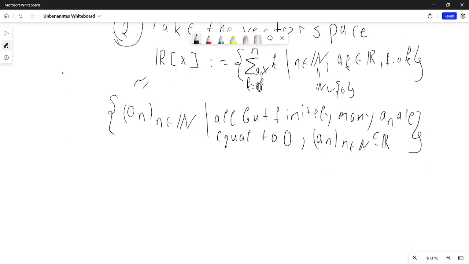So, addition on R[x]. How do you do that? Of course, we just go and do the formal sum. What does it mean, formal sum?